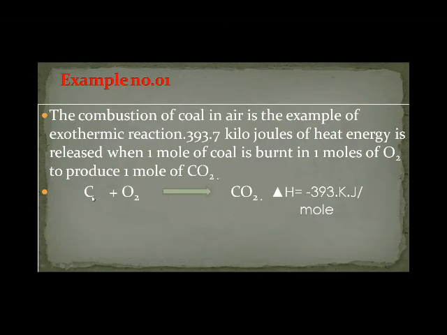So this is the coal symbol, or the carbon symbol, and this is oxygen. 1 mole of carbon and 1 mole of oxygen react together. It will form 1 mole of carbon dioxide and release the delta H value of minus 393.7 kilojoules per mole energy. So combustion of coal in air will release 393.7 kilojoules per mole energy. So this is the first example.